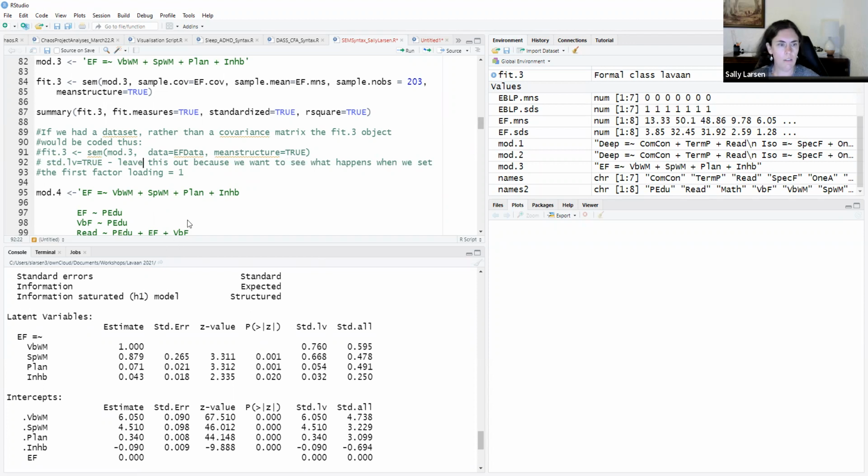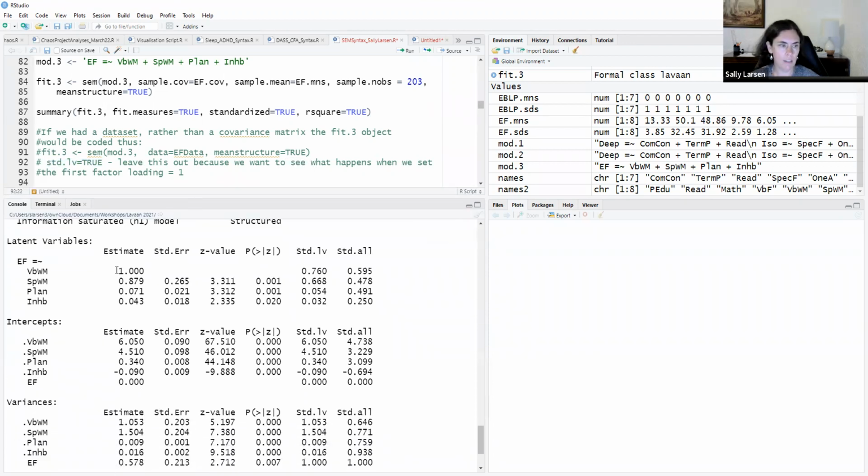So in factor analysis or confirmatory factor models, you've got to scale your latent variables somehow. Often it's built into programs where the first observed variable will be the variable against which everything is scaled, or you can tell it to standardize everything. In that case, the latent variable is standardized with a mean of 0 and standard deviation of 1.